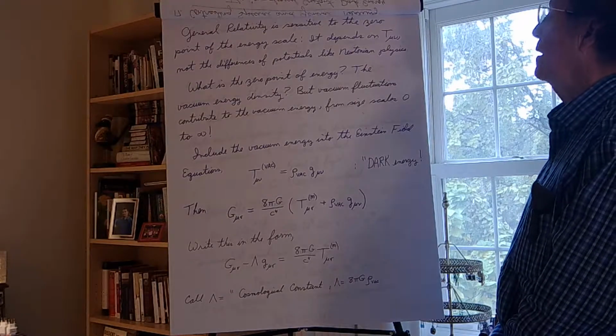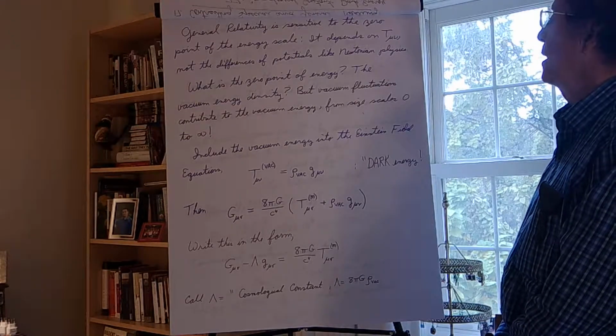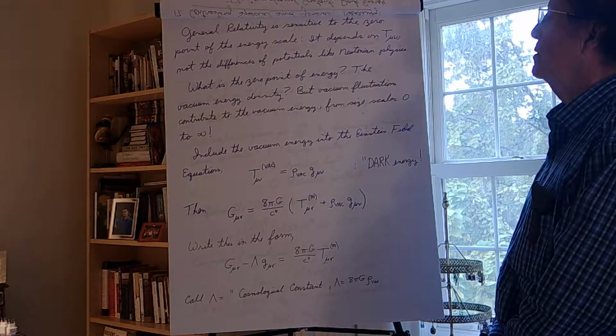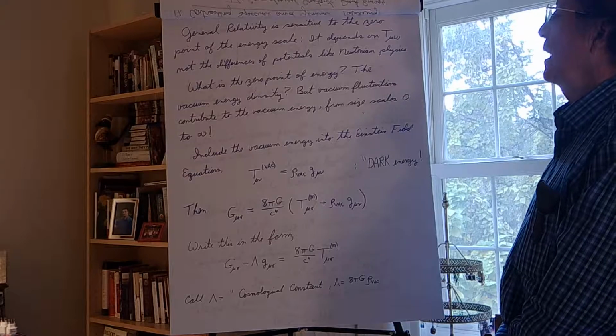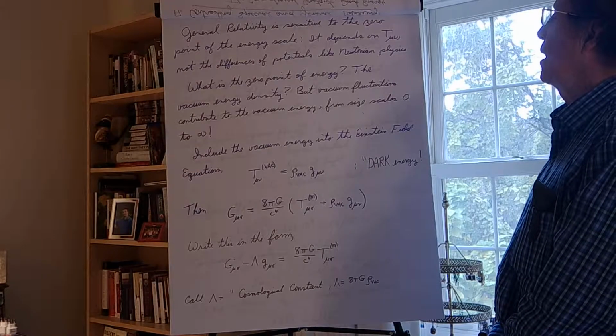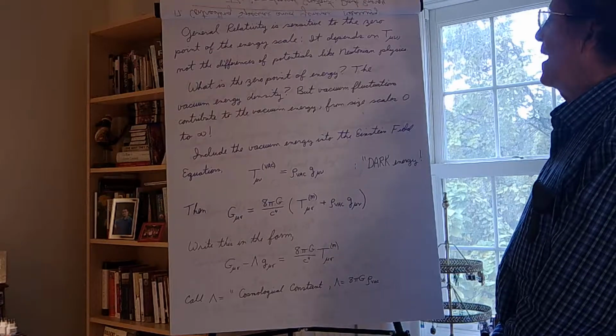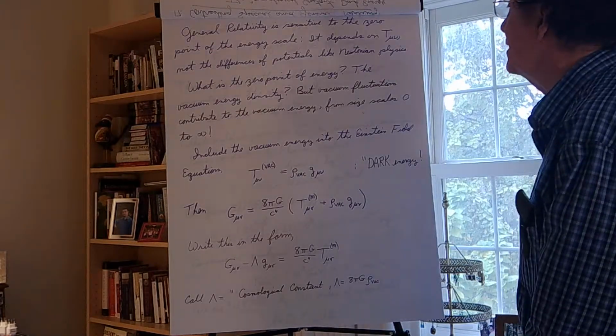If you have colliding protons, for example, the structure of the vacuum and the structure of the particles themselves get all mixed up, and you have to understand the whole totality. Vacuum fluctuations contribute to the vacuum energy.